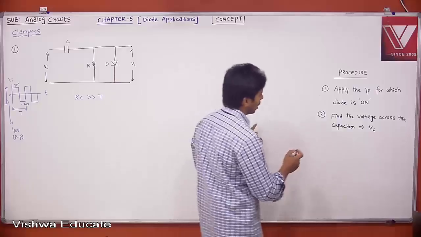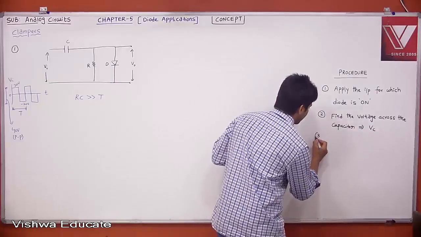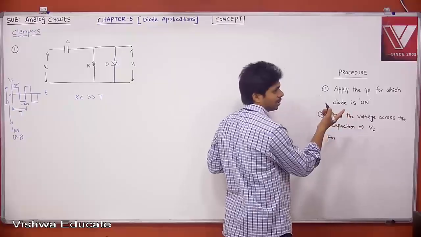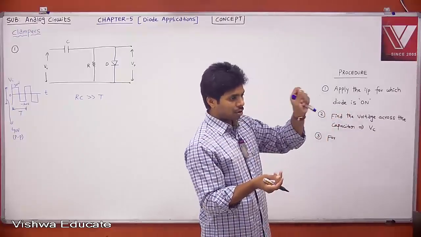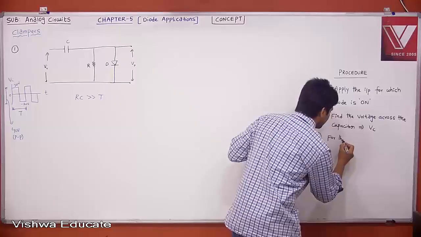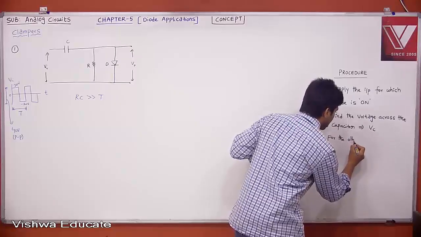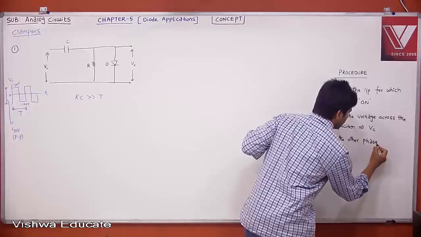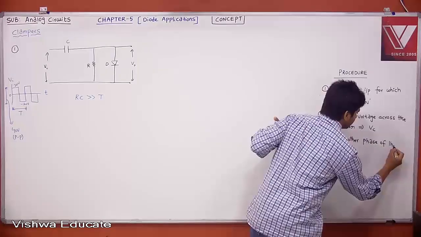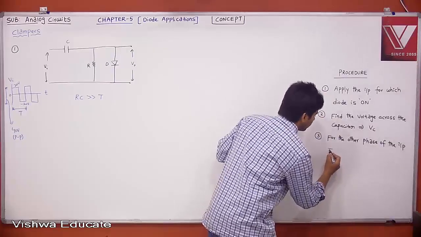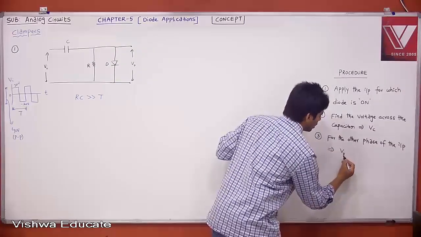Now, the last step, the third step: for the other phase of the input, because we have two phases, in the sense of positive peak and negative peak. For the other phase of the input, what is your output voltage?